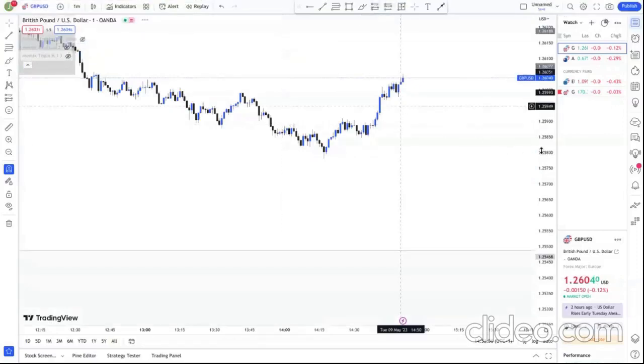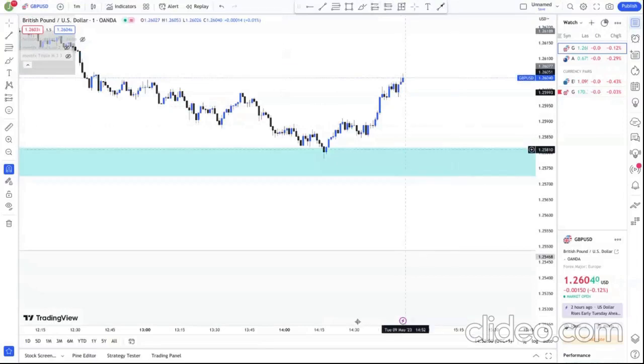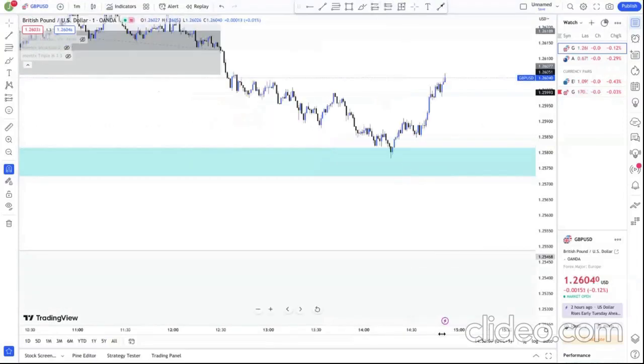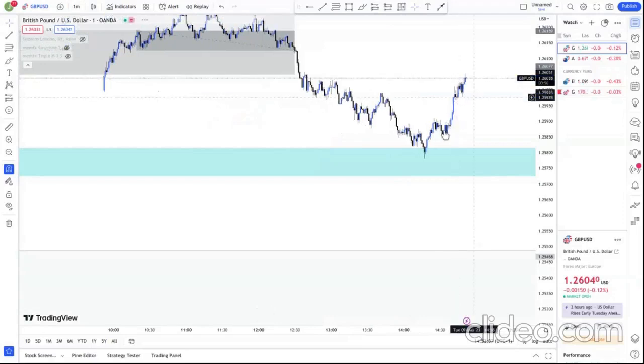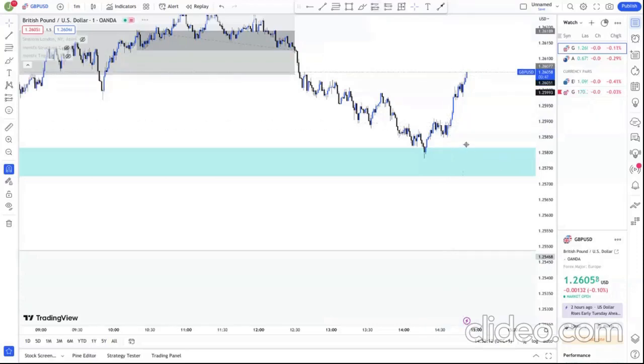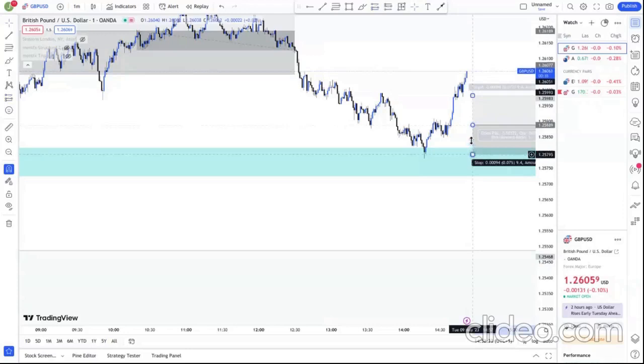So I have to find a very good position to position myself in the trade and make sure. So yeah, this looks good enough. This other block. So I'm going to go ahead and place my entry at this point.